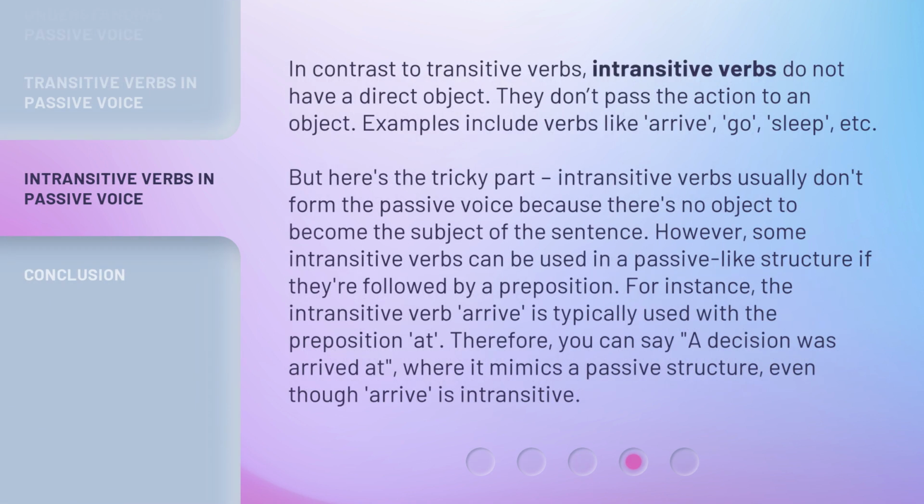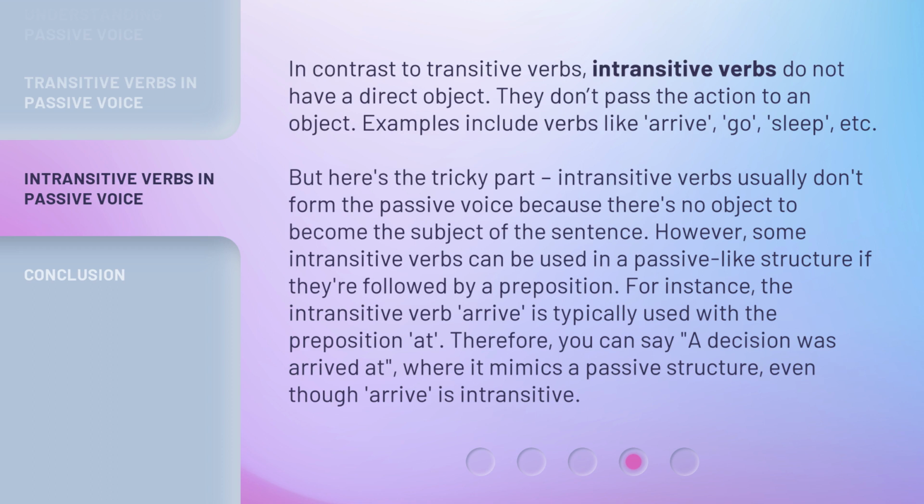In contrast to transitive verbs, intransitive verbs do not have a direct object. They don't pass the action to an object. Examples include verbs like arrive, go, sleep, etc. But here's the tricky part. Intransitive verbs usually don't form the passive voice because there's no object to become the subject of the sentence.